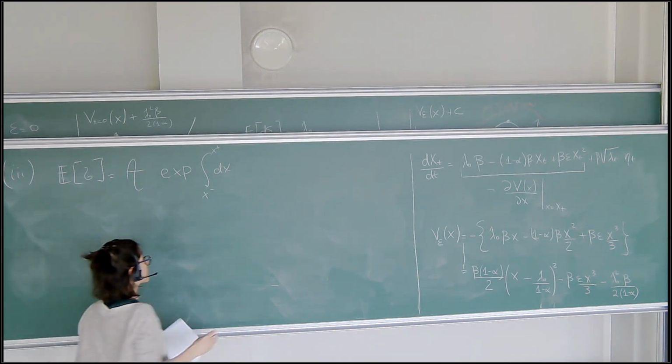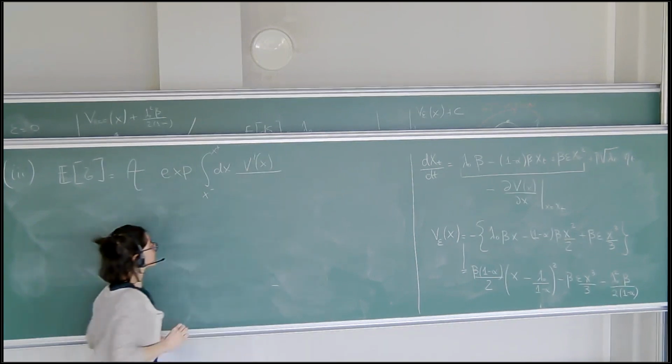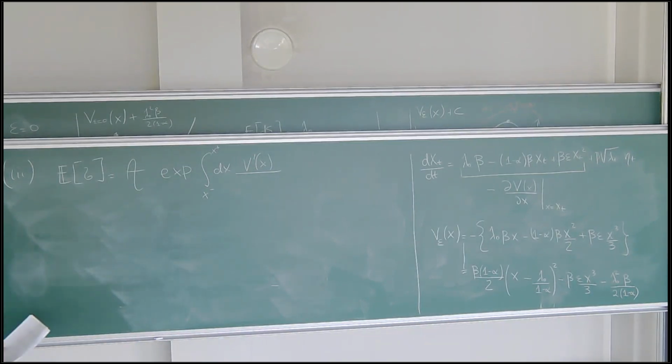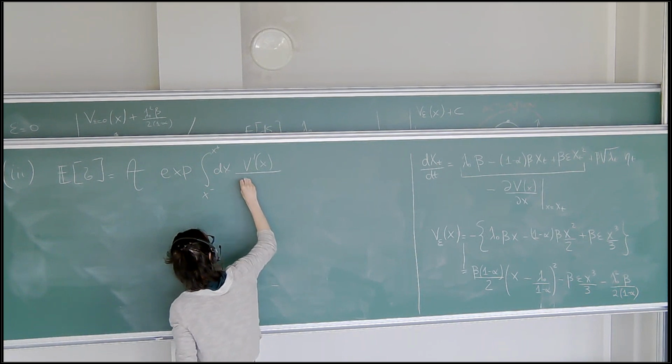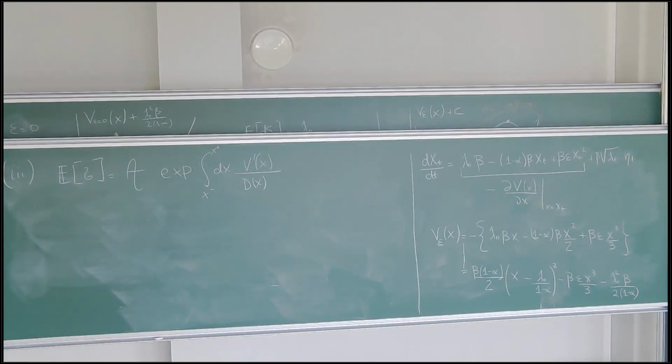And then you have a ratio. You have the ratio between the derivative of your potential, v prime of x, and another quantity called d of x, that if you look at it, you will recognize is basically the variance of the noise of our Langevin process.